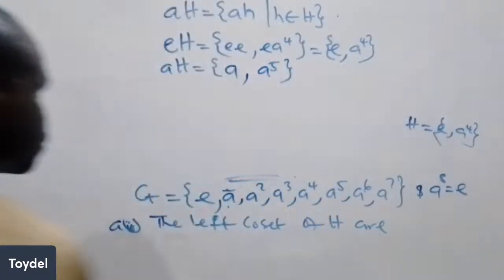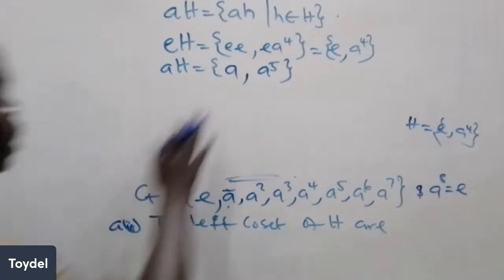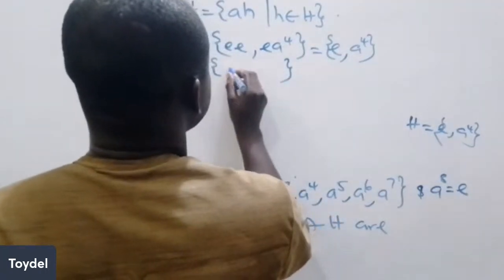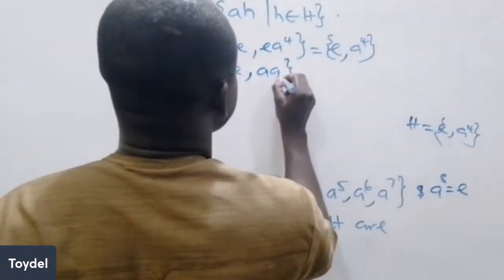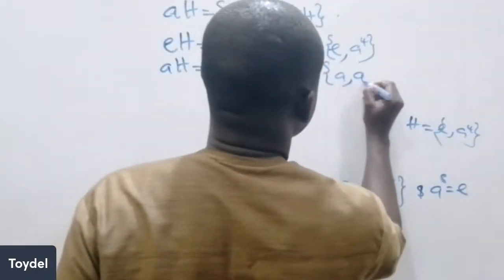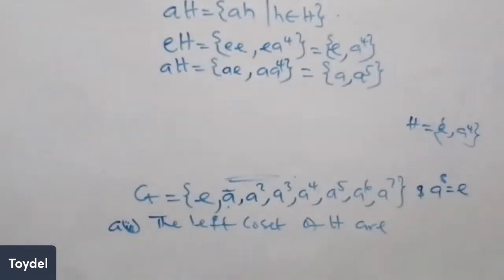Any question? Please look at it. Or let me do it stepwise so that I won't have any problem. I'm going to have AE, comma, A times A raised to power 4, and that will be A raised to power 5. Any question? Indices: A times A to power 4.